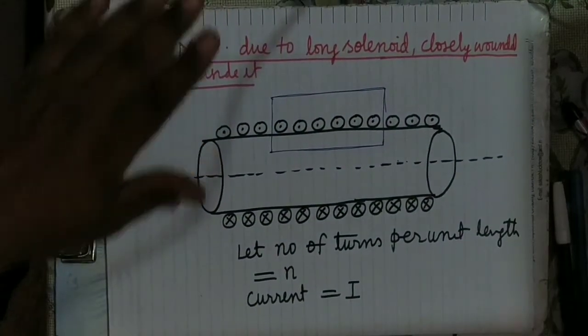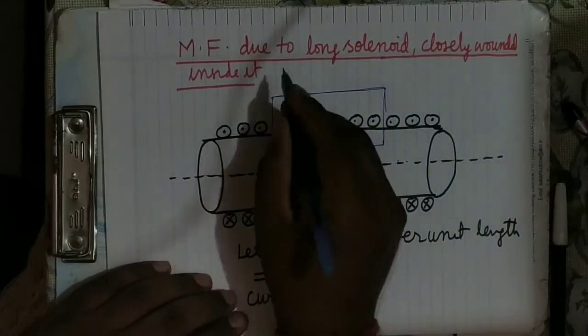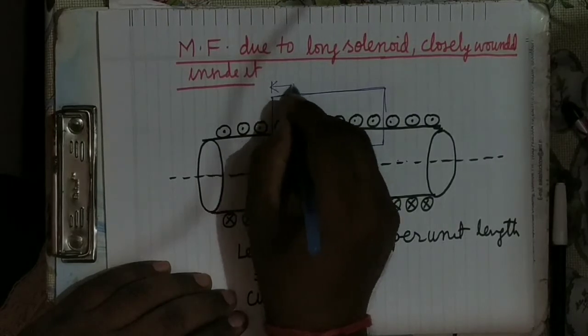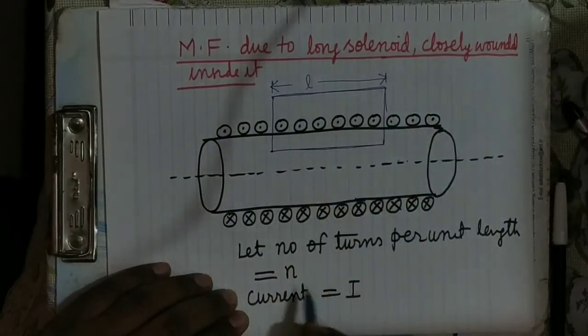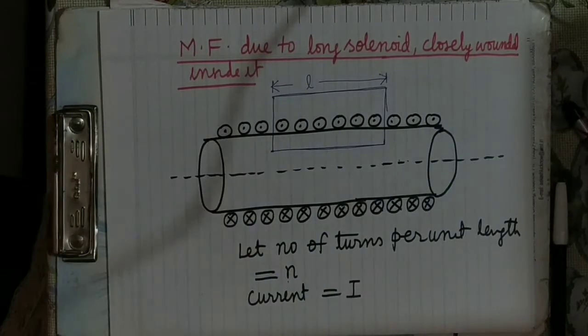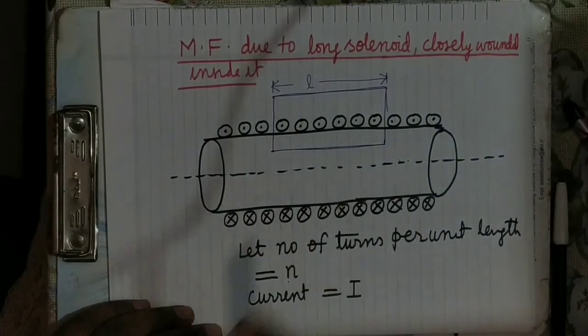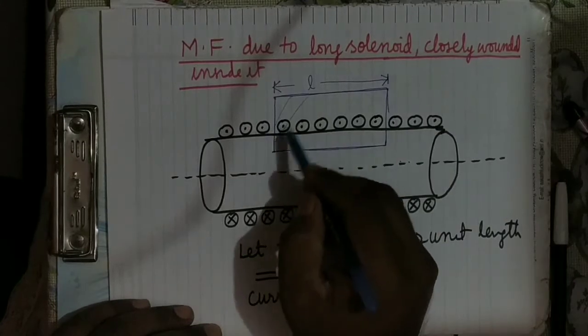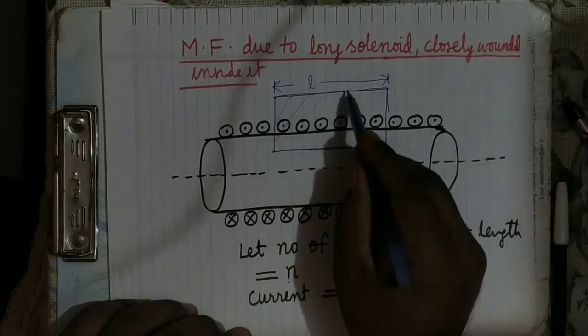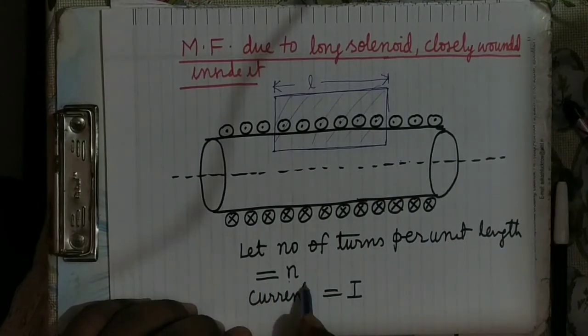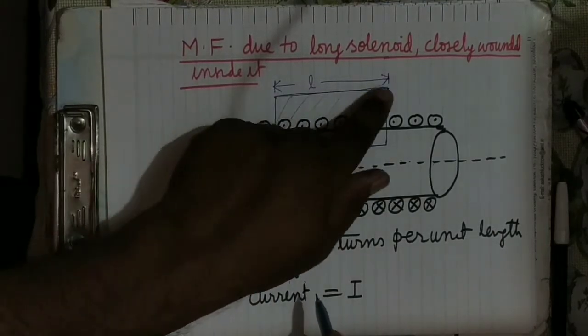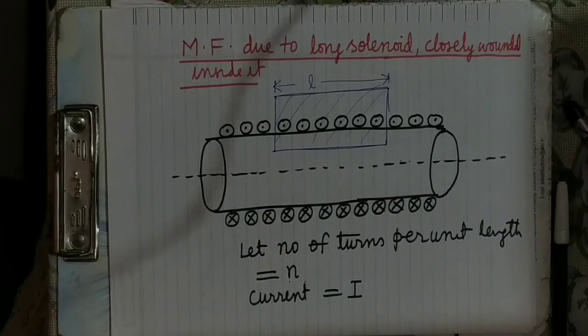If we take its length equal to l, and the number of turns per unit length is n, how many turns will penetrate its surface? That will be n into l, because in unit length there are n turns, and the length of the Amperian loop is small l.